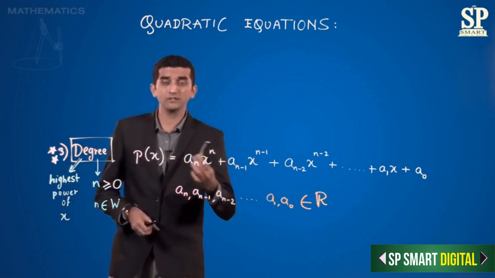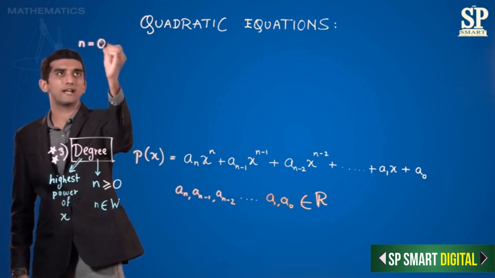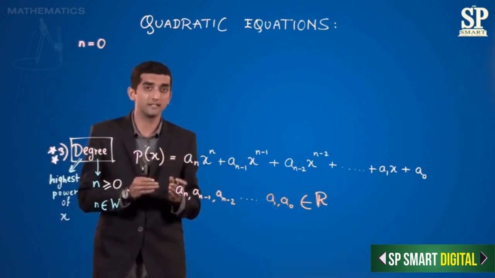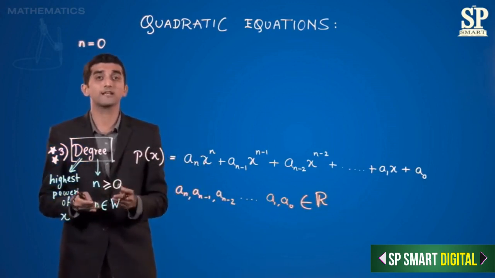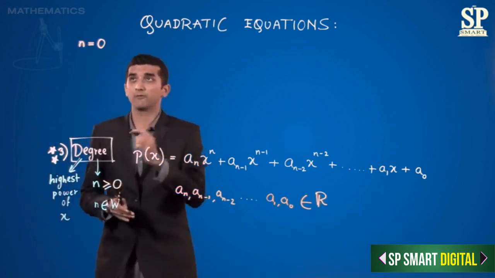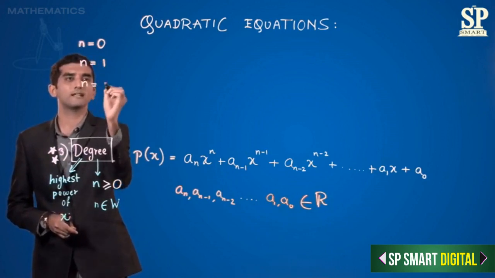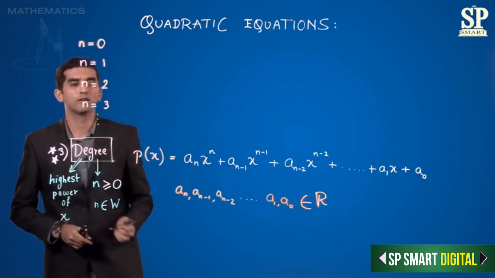Now, if n changes, let's start with the very smallest value of n, which is n equal to 0. As we learned, n is an integer, n is a whole number, and n naturally has to be greater than or equal to 0. So basically n can take values 0, then 1, then 2, 3, 4 and so on, right?